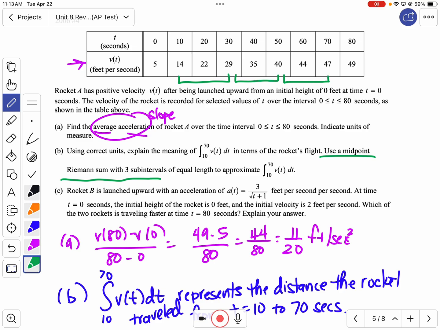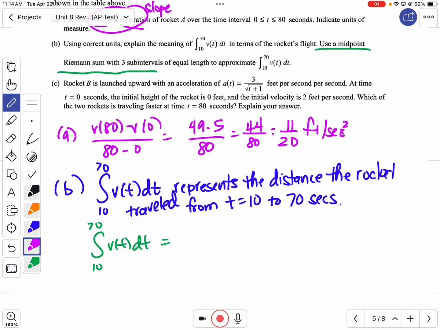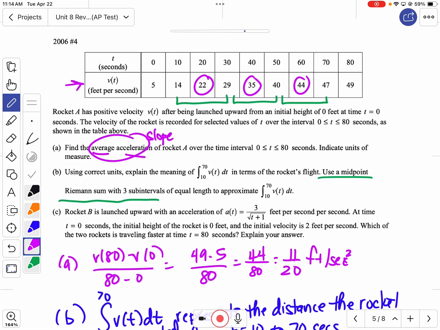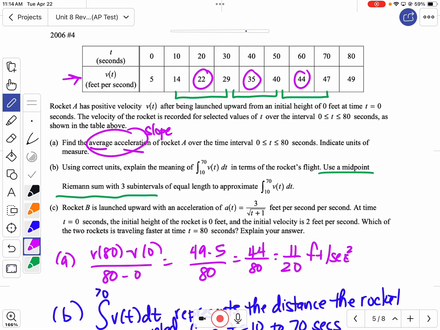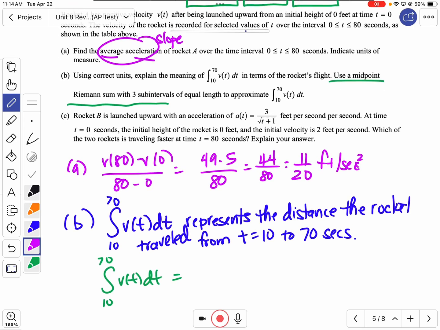Okay, do you see that midpoint value it wants you to use? It gave it to you on purpose. Okay? So you could use it. So the length of each interval is going to be how much? 20. Okay? So that's good.